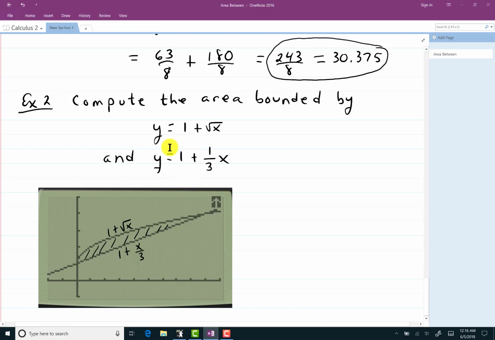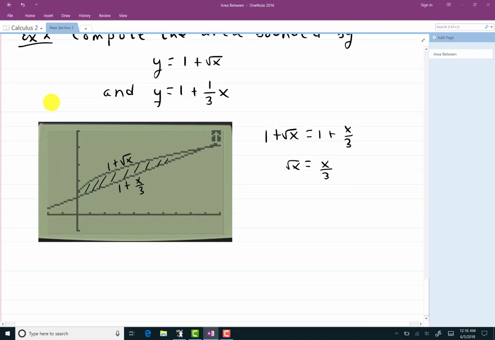Let's set these equal to each other and see what happens. This is going to be not so bad to do. So I'm going to set 1 plus radical x equal to 1 plus x over 3. And of course subtract 1, so I get radical x equals x over 3. Now you're probably taught to square both sides, or let me multiply by 3 first. 3 radical x equals x.